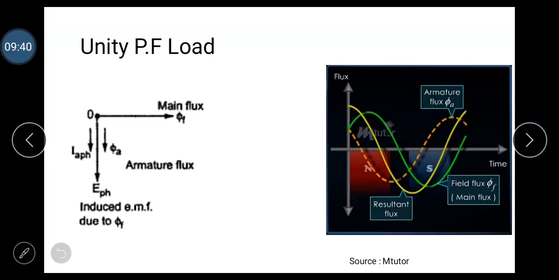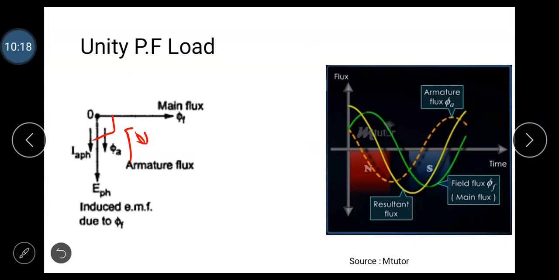That means the E phase and IA armature current both will have the same phase, so the flux direction of armature, phi A, will also be along with IA, in the same direction. The main flux, phi F, is 90 degrees lagging here, 90 degrees leading here. So the E phase or the IA lags the main flux by 90 degrees.